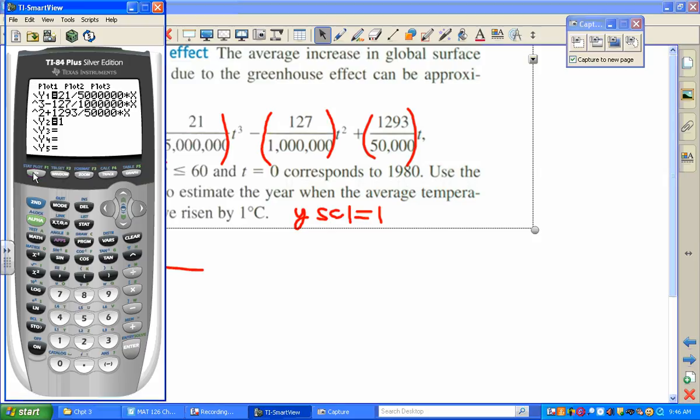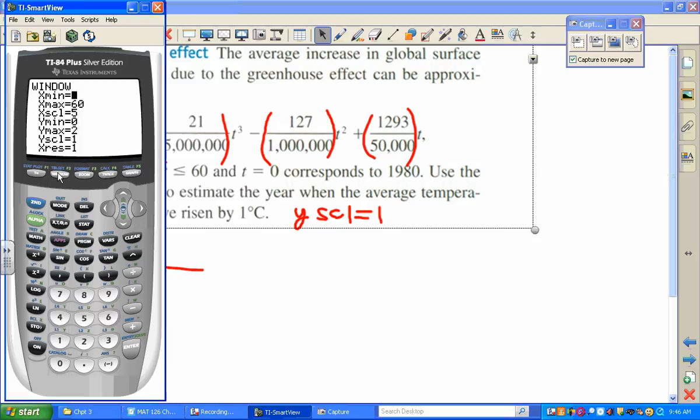Y equals, there's our equation. I put in 1. That's what I'm looking for. Right there. I'll use intersect for this one. 0 to 60 for the domain, and I went up by 5s.